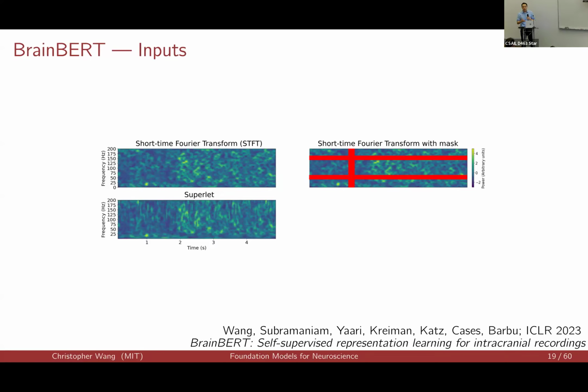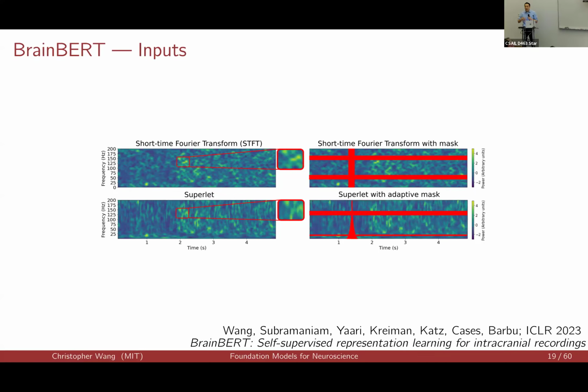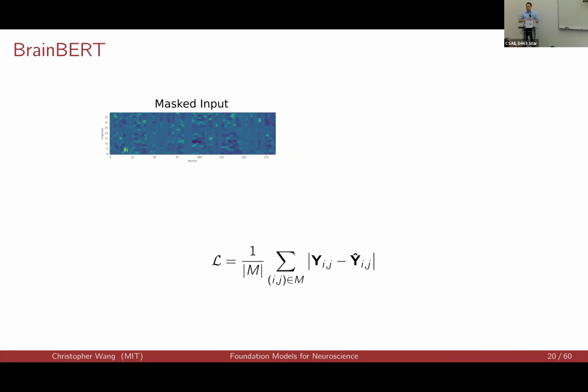This is a composition of Morlet wavelets for which there is a variable trade-off in the time and frequency resolution, such that at higher frequencies, where activity is more bursty or events are more bursty, there's more temporal resolution. And during pre-training, we use a masking strategy that reflects this. Basically, the amount of time information that's masked falls off as a function of frequency. And the goal of pre-training is to reconstruct what was masked.